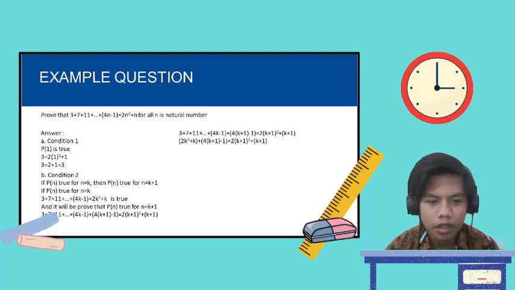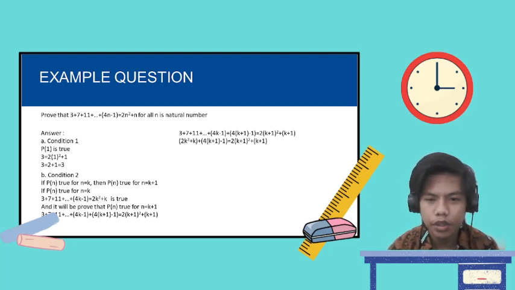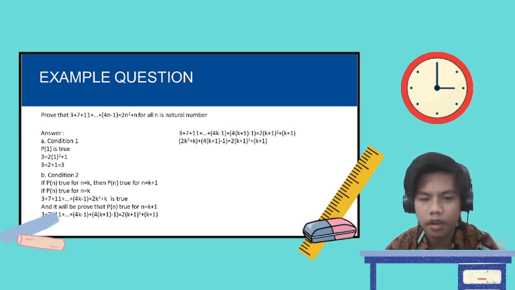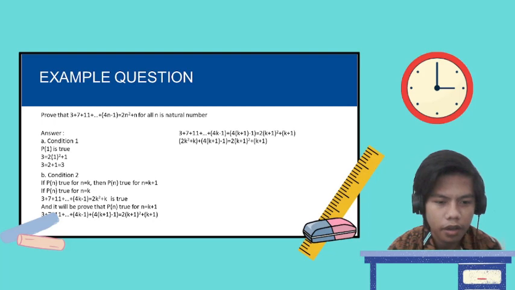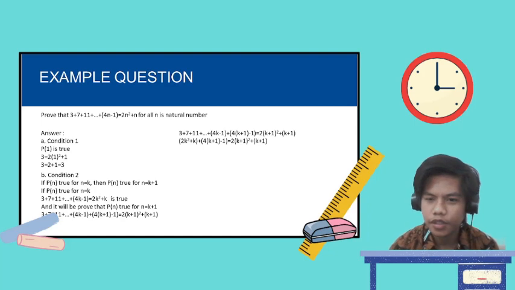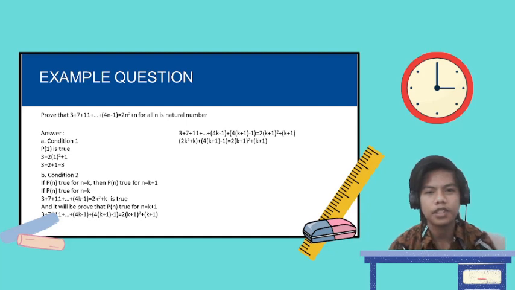And that is because the first condition, that is if Pn is true for n equals k, can be substituted for 3 plus 7 plus 11 plus up to (4k minus 1). That can be substituted with that, and so that equals 2 times (k plus 1) square plus (k plus 1).